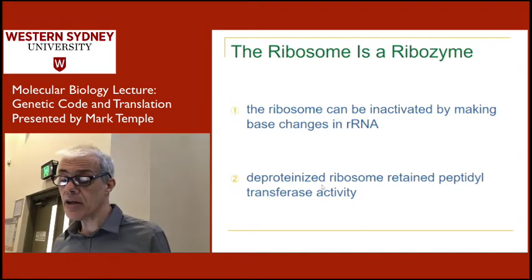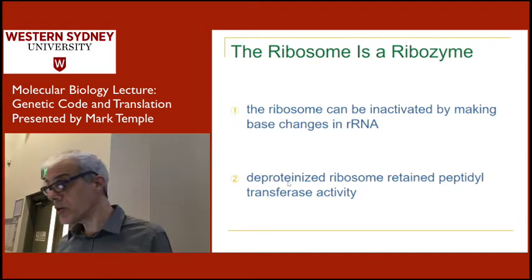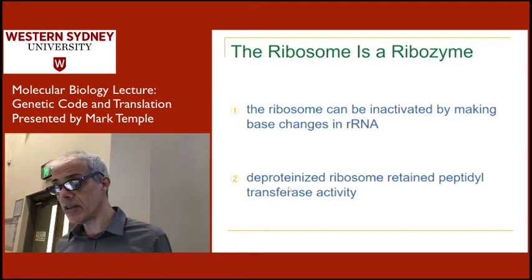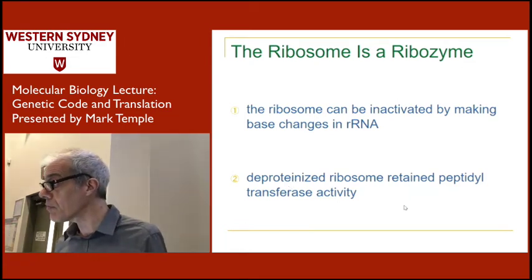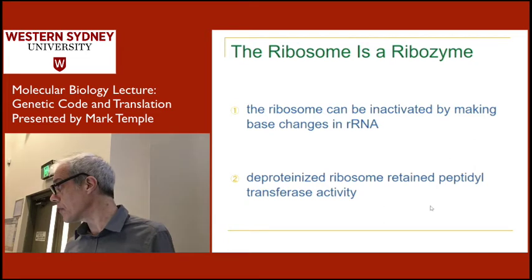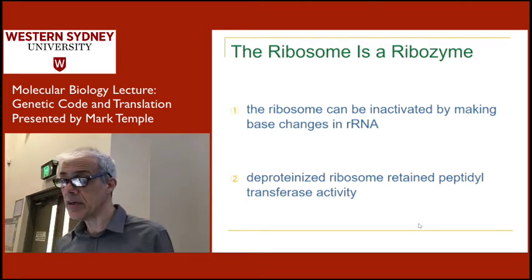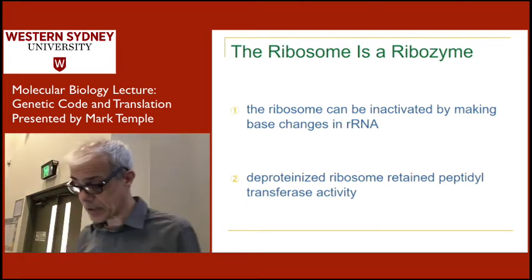Okay, and you can also remove the proteins in the ribosome and still maintain the function of the ribosome, telling you that the proteins aren't involved in the catalytic activity of the ribosome.